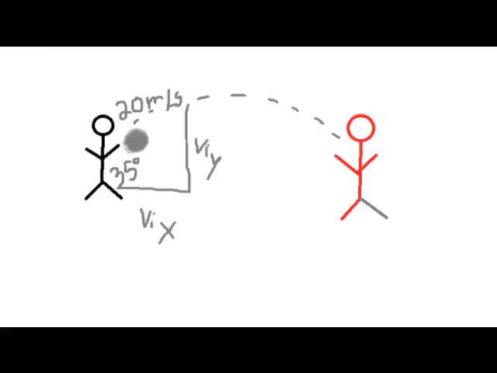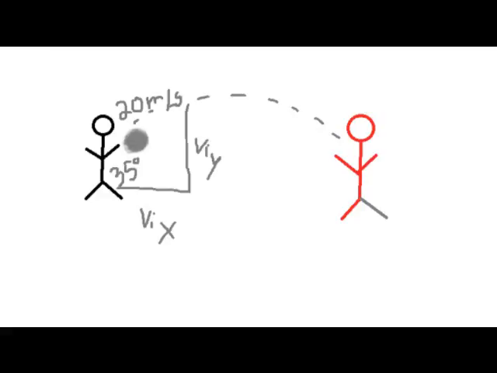First, we need to find Vix and Viy. To find Viy, we would do 20 times the sine of 35, which gives us 11.5. To find Vix, we use 20 times the cosine of 35 degrees, which gives us 16.4 meters per second.